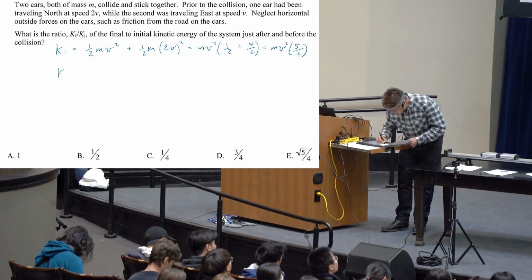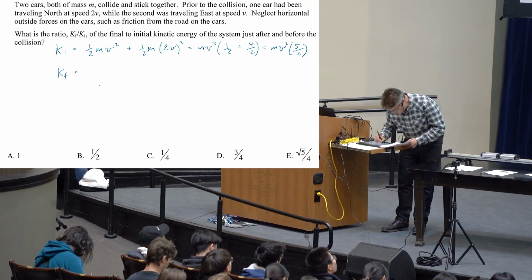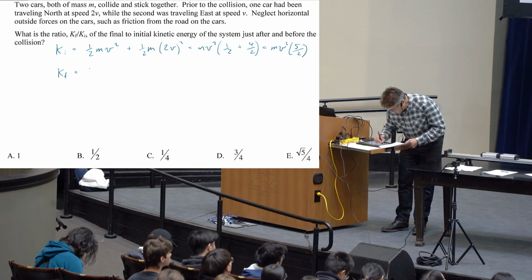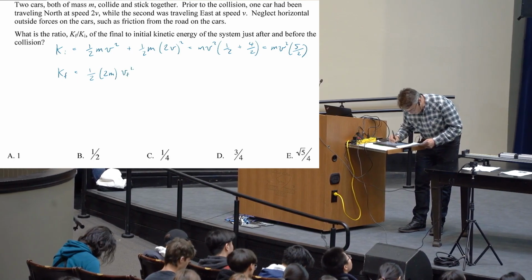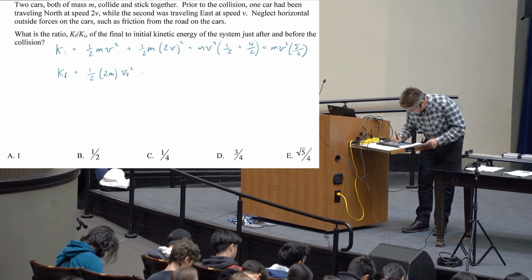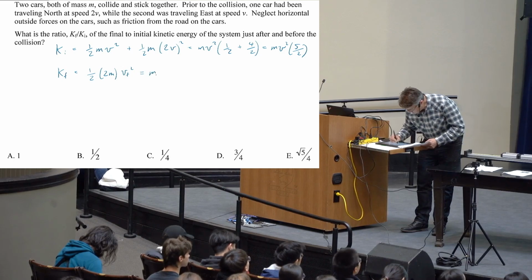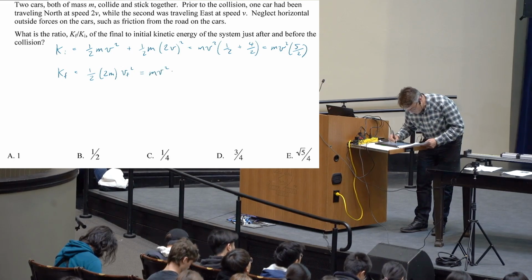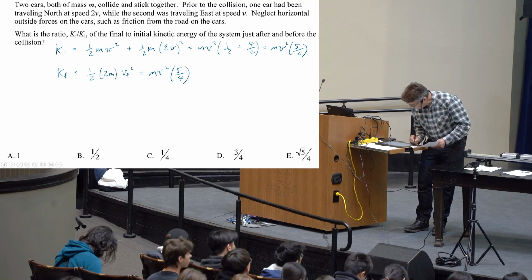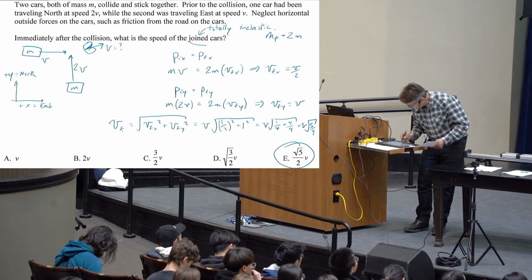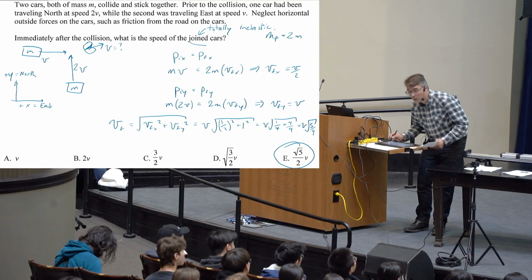Okay, and then K final is going to be 1/2 times 2m times v final squared. And we kind of worked at it last time, it's mv squared times 5 over 4. Just remember from before, you had v final is v times the square root of 5 over 4.